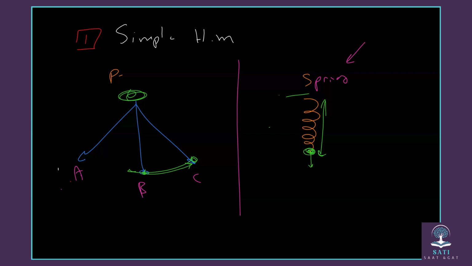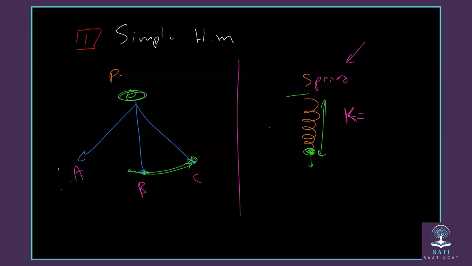So based on the way it was manufactured, there is a constant for the spring. What is this constant of the spring? Those who produced the spring, based on the material, know how long it can be extended and what amount of force in newtons can extend it for 1 meter.